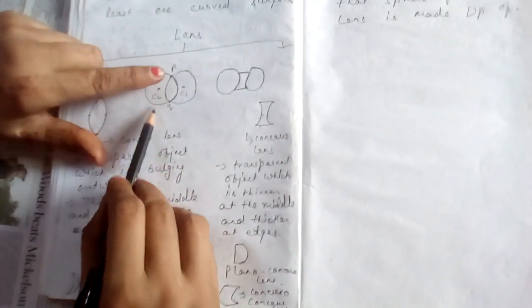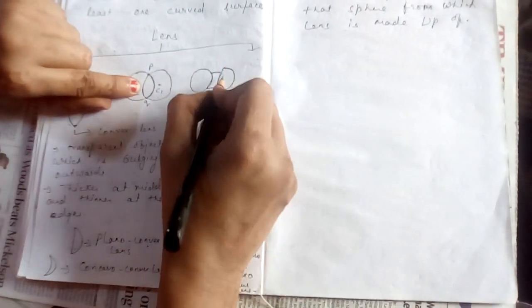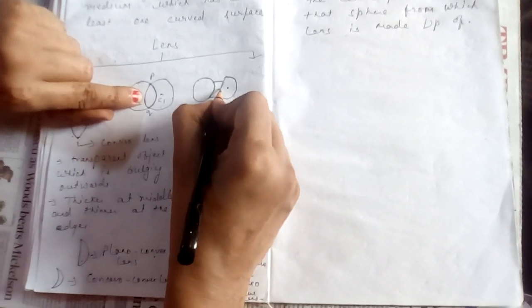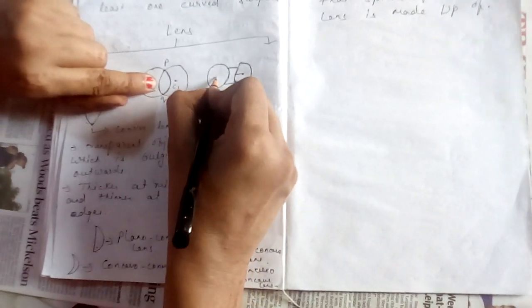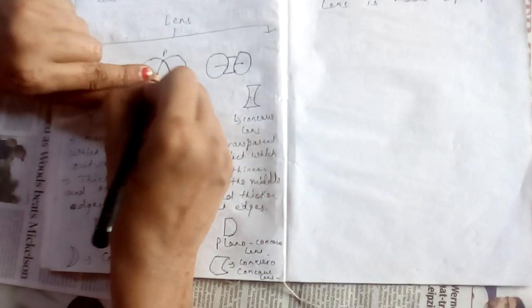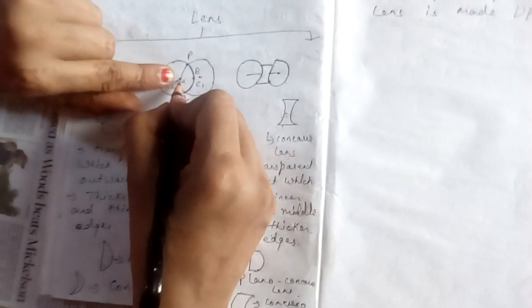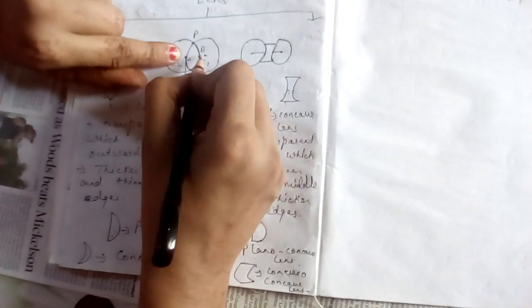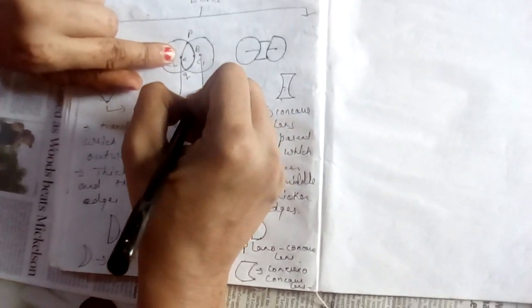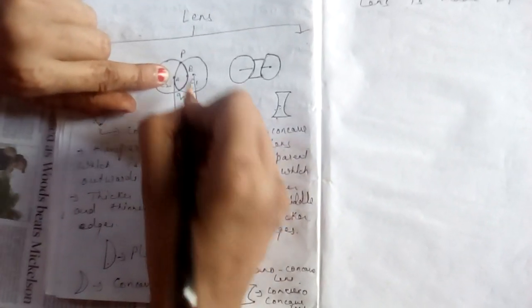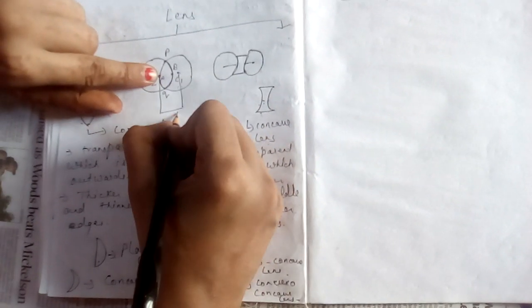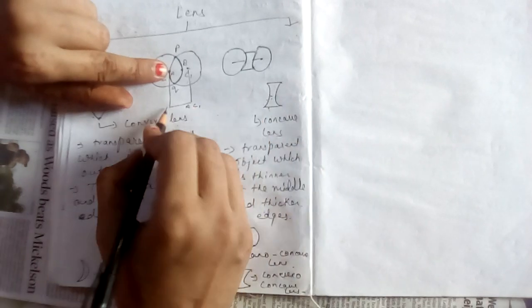This sphere has a radius, and the other sphere also has a radius. Suppose this point is A and this point is B. For this sphere, AC1 is the radius.